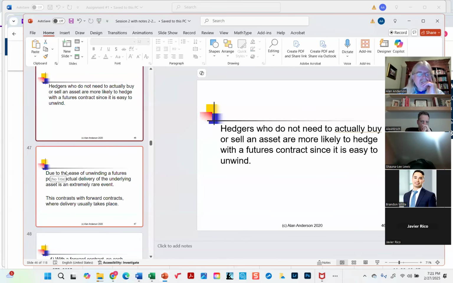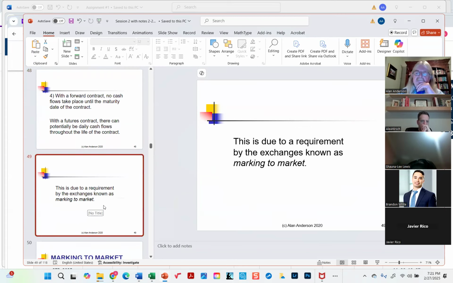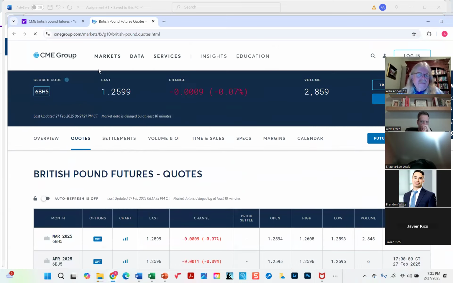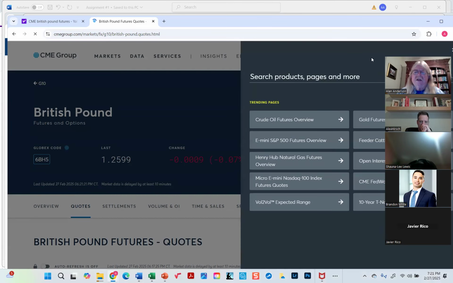Now, we also know that about this marking to market procedure where you put money into an account with an exchange, and this is called marking to market, and you can find out. Let's see if we can look it up for this contract. British pound futures margin rate.